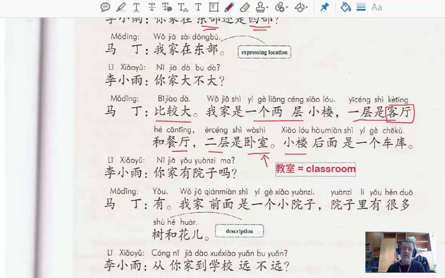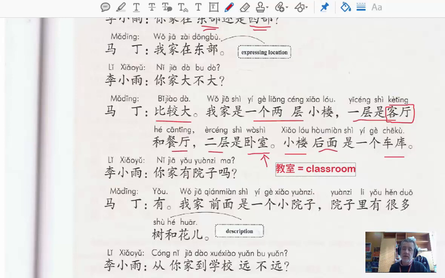So this expression 小楼 is referring to a Western style house. 小楼后面. Okay, so we've got the word 后面, which we've learned several lessons back, meaning behind. So behind the house is a 车库, which means a garage.